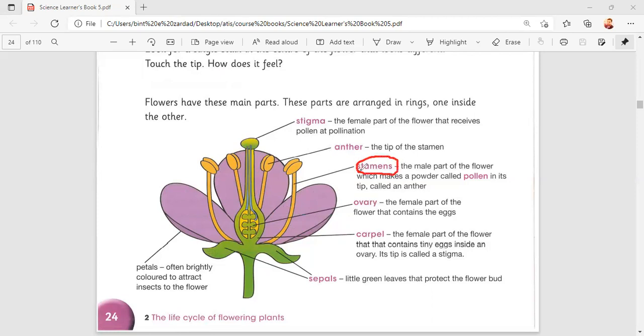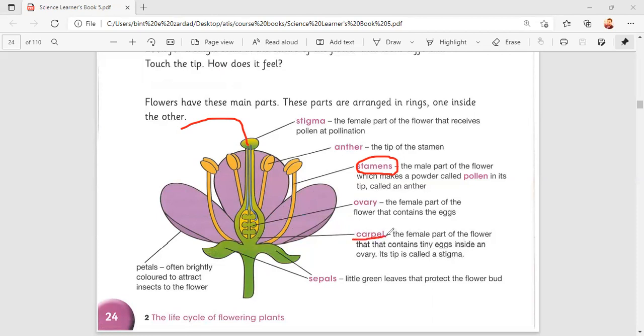Stamen is the male part name, and carpel is the female part name. The carpel is the female part of the flower that contains tiny eggs inside the ovary. Its tip is called the stigma.